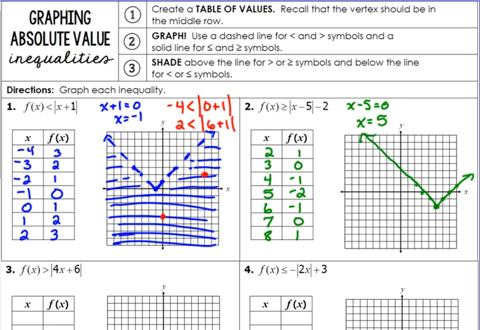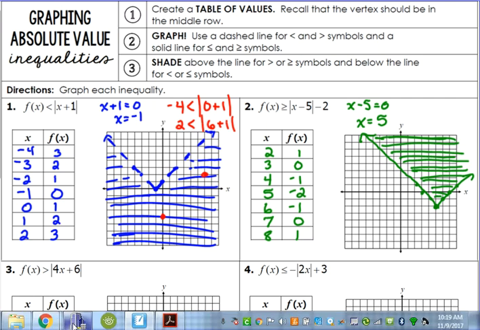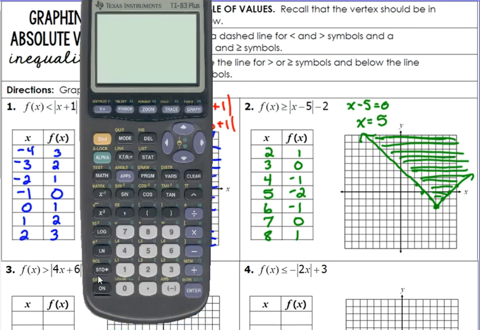Okay, this one is greater than, so we shade above this graph, which means we're shading in between, so to speak, the function there. Now, let me show you. Your calculator will actually kind of do this sort of stuff for you.